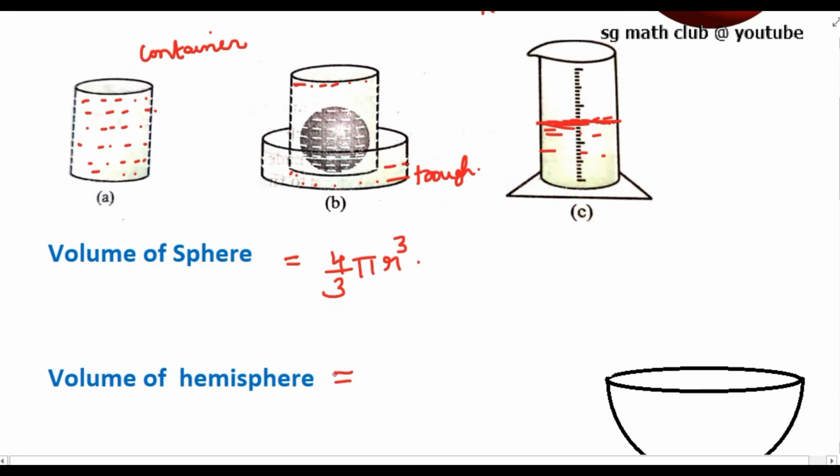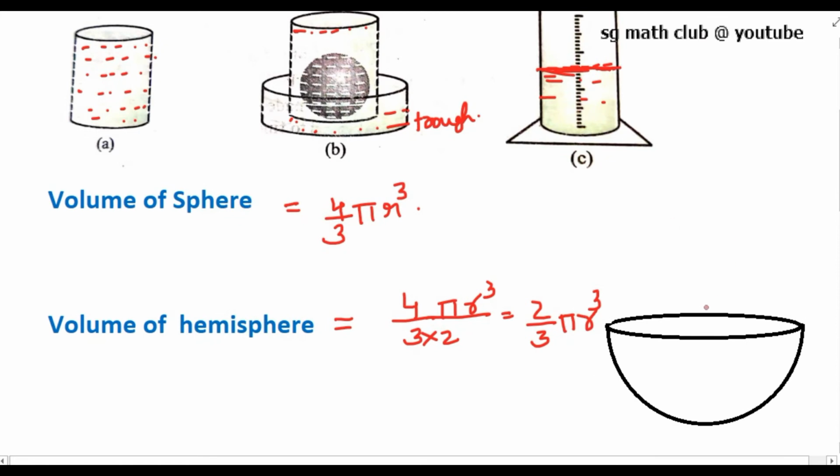So the volume of the hemisphere is 4 by 3 pi r cube divided by 2, which is 2 by 3 pi r cube for a hemisphere of radius r.